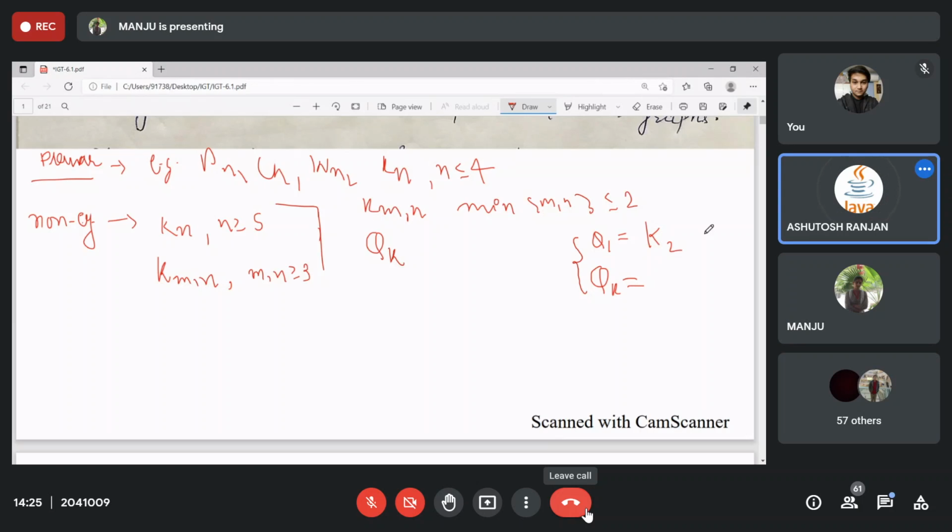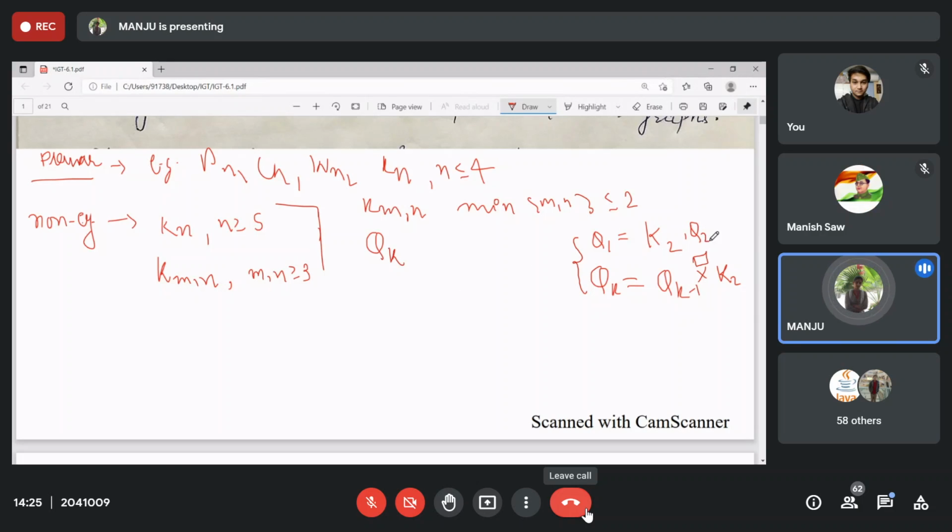Q_k minus 1 cross product, the Cartesian product with K2. So Q2 will be Q1 cross product with K2, that is K2 into K2, which will be isomorphic to C4, right?